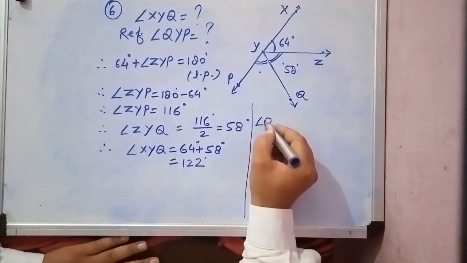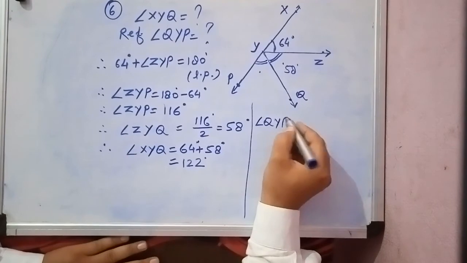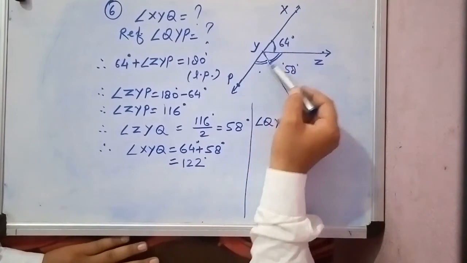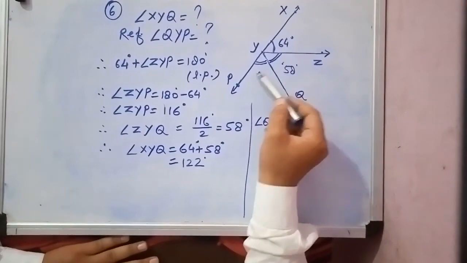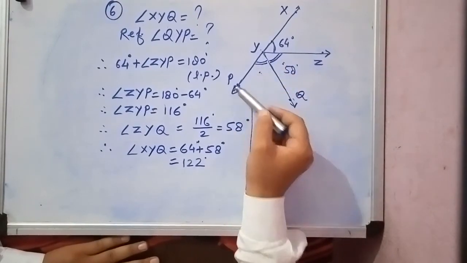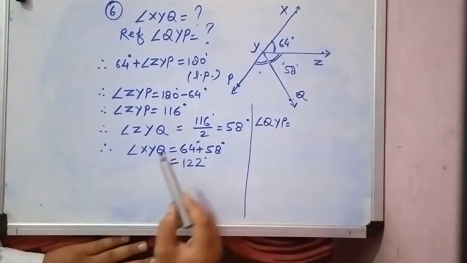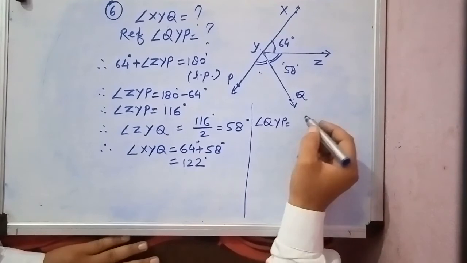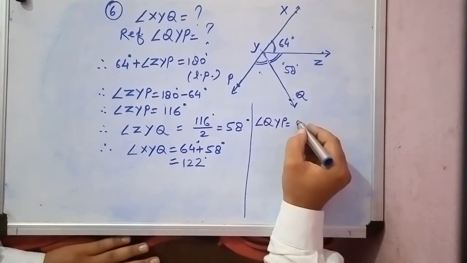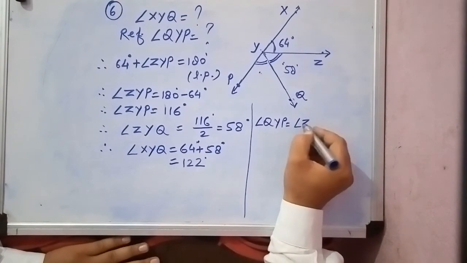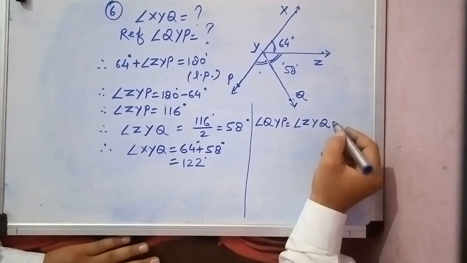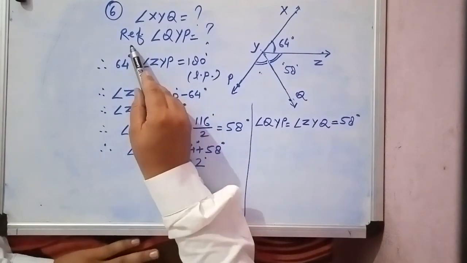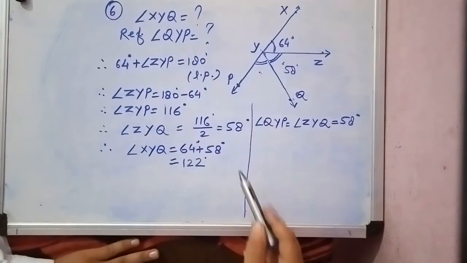Now angle QYP is also equal to 58 degrees. Since YQ bisects this angle, both these angles are equal, so QYP equals QYZ, that is 58 degrees. And we need to find the reflex of QYP.